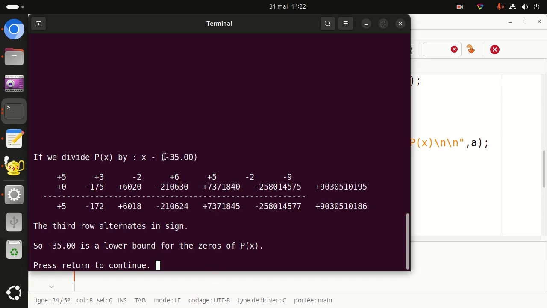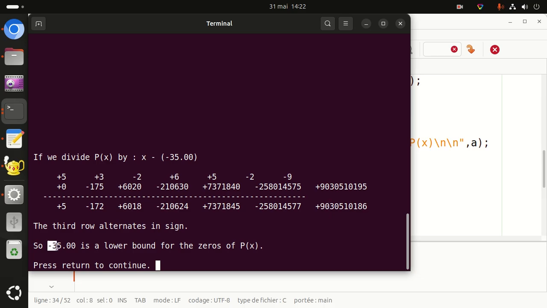I have chosen minus 35. The first row alternates in sign: plus, minus, plus, minus, plus, minus, plus.